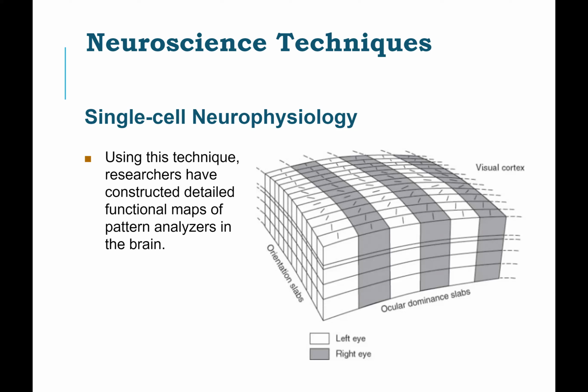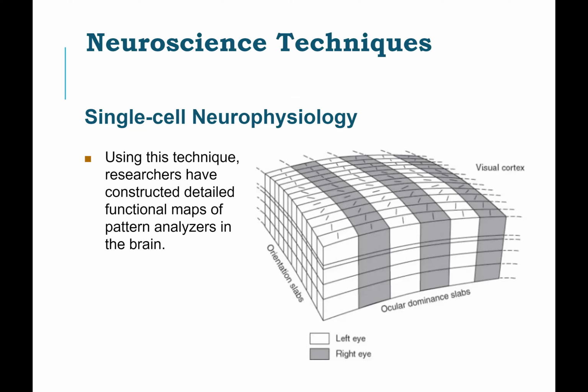It changes very little, meaning that cells that are very close to each other in the brain tend to have receptive fields in the same areas of the world. That's called retinotopy.